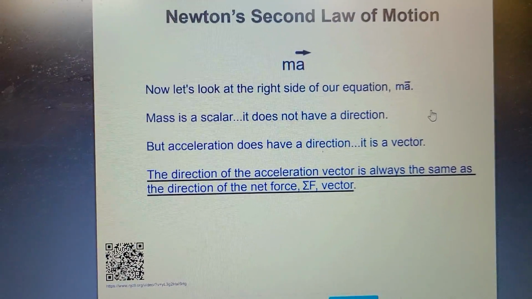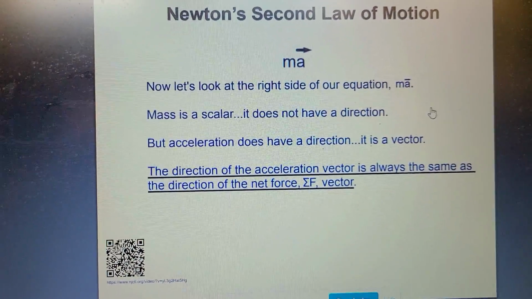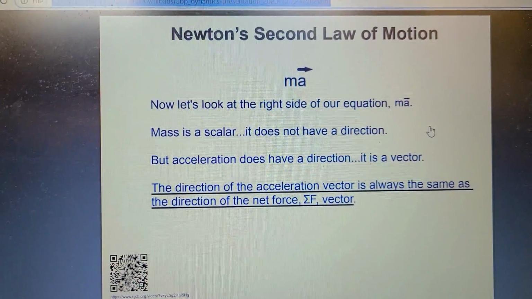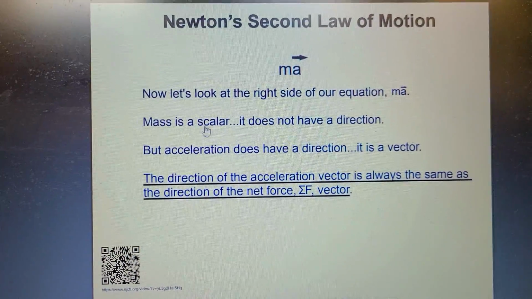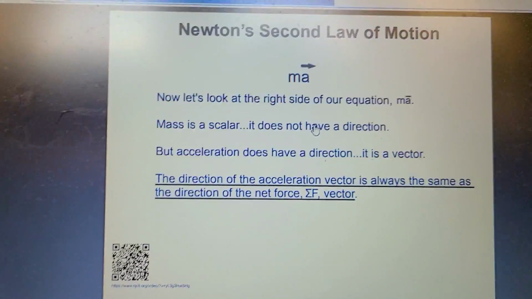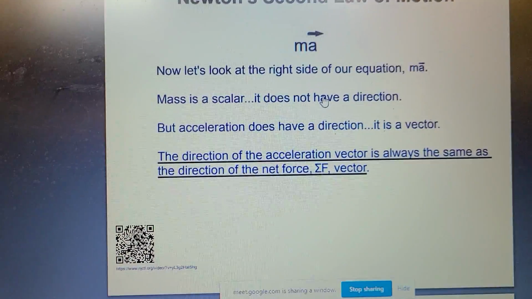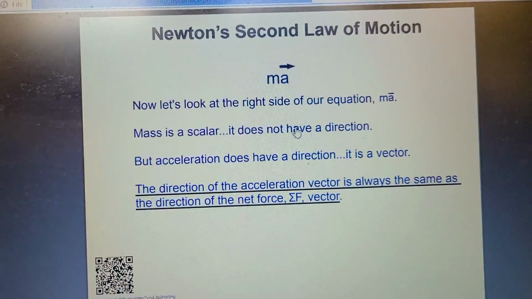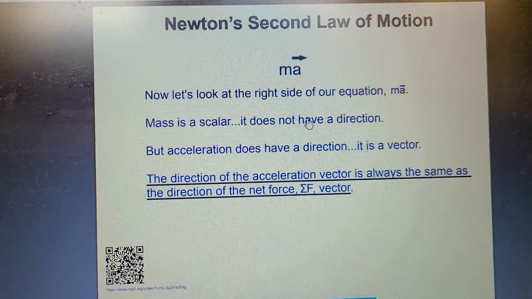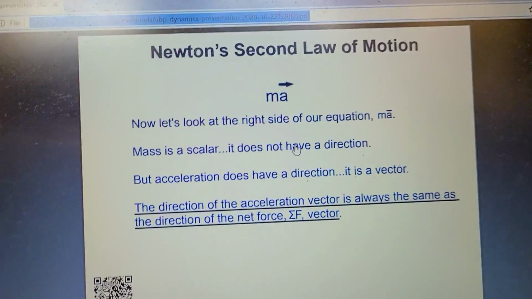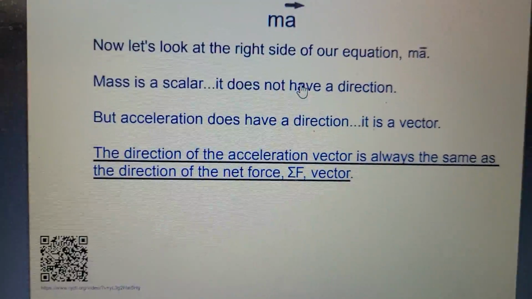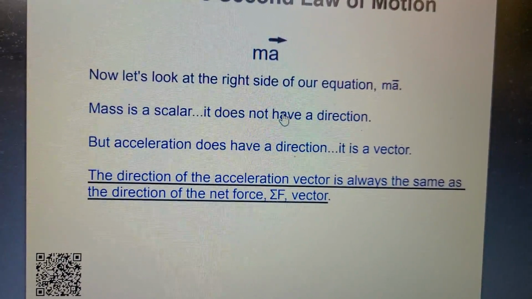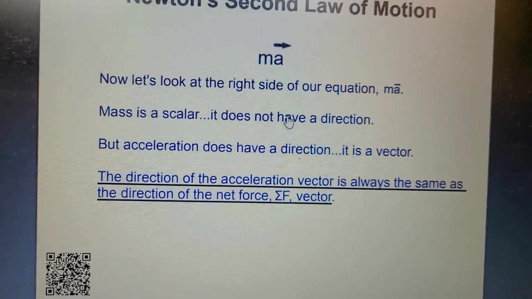Now, Newton's second law of motion. We already talked about mass and acceleration. Know and understand that mass is a scalar quantity. You don't know what direction mass is going in. You just know that it is what it is. That's how mass is indicated. Acceleration, however, has direction, because you're accelerating to the right, to the left, up, or down.